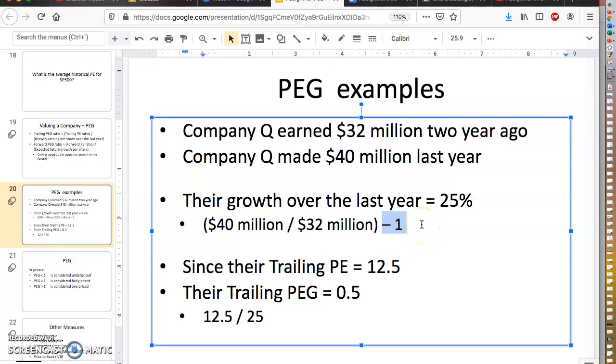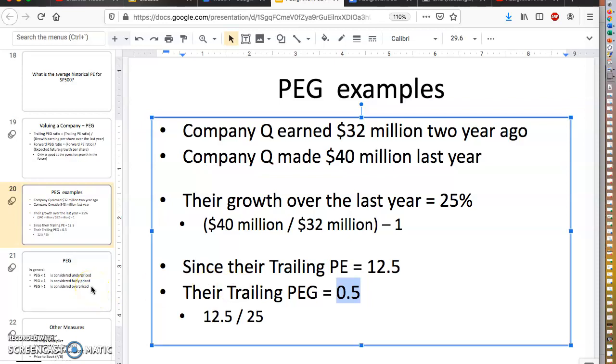If you're doing this math in a calculator, you're going to get 0.25, and we convert that into percent, so 0.25 would be 25%. Now, to calculate the trailing PEG, you take their trailing PE, which is 12.5, and you divide it by their trailing growth, which is 25. That would give a PEG of 0.5.